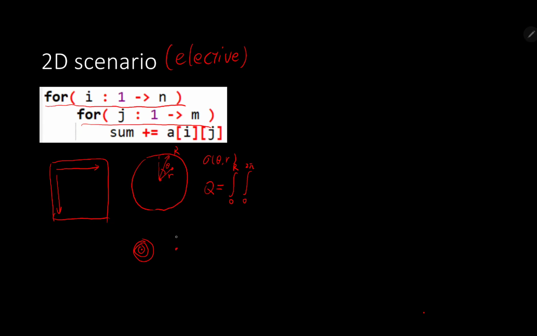So when I'm adding at radius r, I will add theta in a clockwise way. So it will be the double integral, the sigma of theta r times partial squared of s. So what is the partial squared of s here?